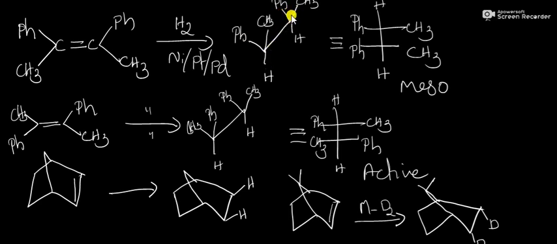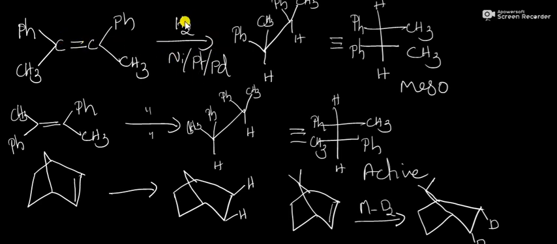This is our sawhorse formula, which can be converted into a Fischer projection formula, and we get a configuration like this, and that is our meso compound, which has a plane of symmetry, that is, an optically inactive compound.